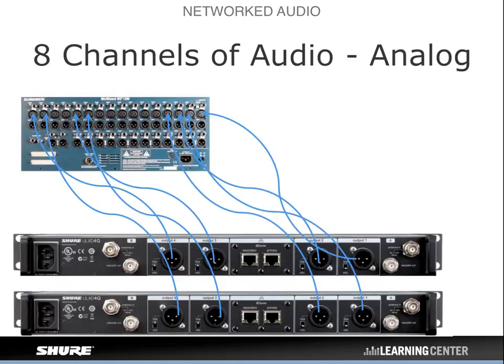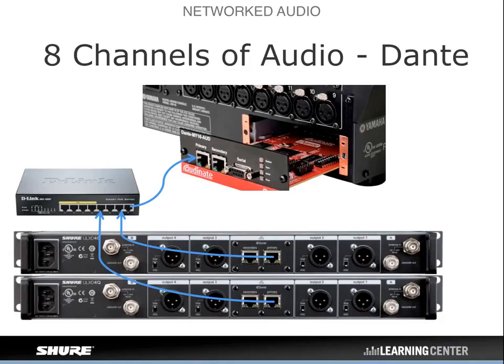And again, the advantage is, you've probably seen this before, it's sort of obvious, right? Instead of having a dedicated one-to-one path for every single analog mic channel you want to route between your receivers and your mixer, if you've got a Dante enabled receiver, it's just a matter of taking the digital audio output, which is on the network card of your device, hooking it up to an Ethernet switch, which of course your Dante enabled mixer is also plugged into.